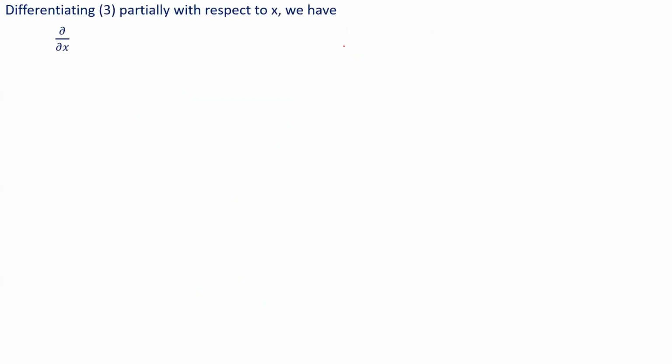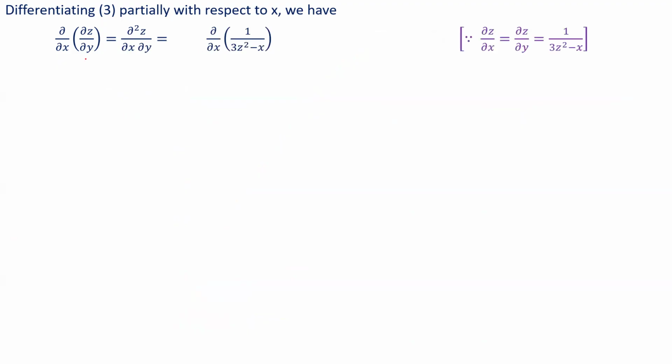So differentiating 3 partially with respect to x, we have the partial derivative with respect to x of del z del y, which is equal to del 2z del x del y, which is equal to del x of 1 upon 3z square minus x, because del z del y, not del z del x, del z del y is 1 upon 3z square minus x.